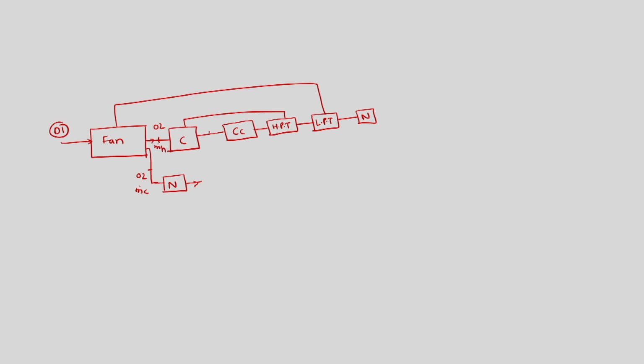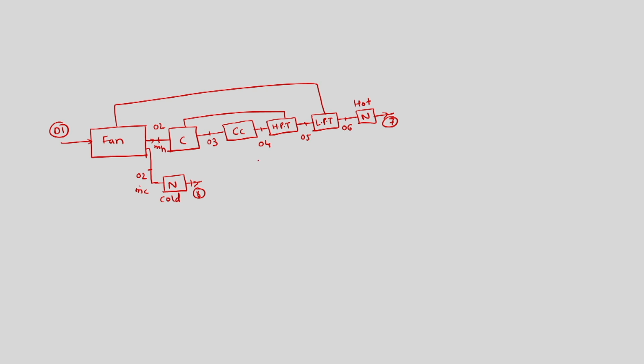And then we have not 3 at the combustion inlet, not 4 at the high pressure turbine, not 5 at the low pressure turbine inlet, not 6 at the nozzle inlet, 7 at the hot nozzle outlet, and 8 at the cold nozzle outlet. We will call it hot and cold.